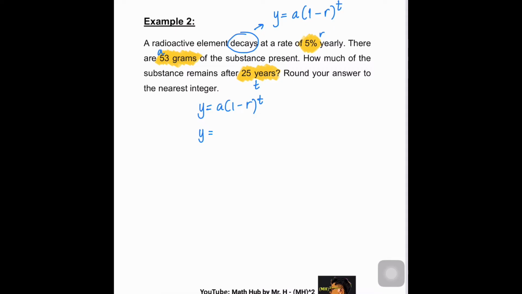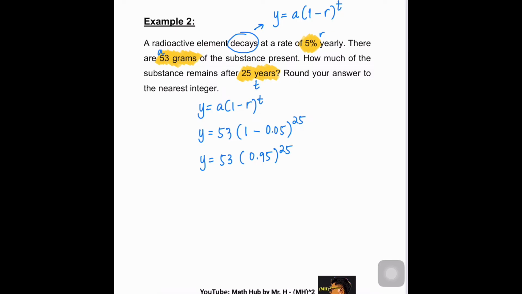So y will be equal to 53, where a is 53, times 1 minus the rate, which is 5%, so 0.05, to the power of 25. We can simplify the base, what's inside the parentheses. So we have 53 times 0.95 to the power of 25.